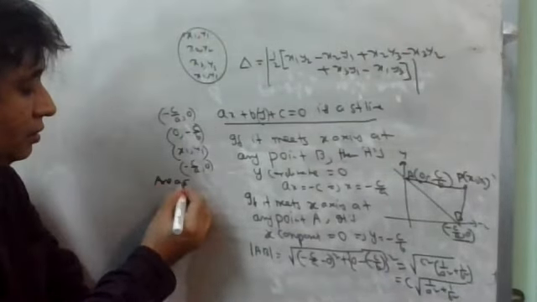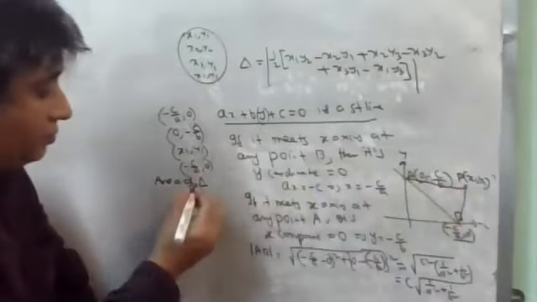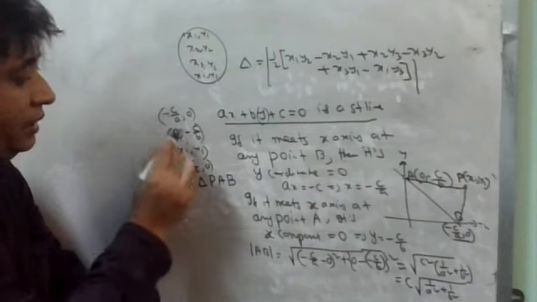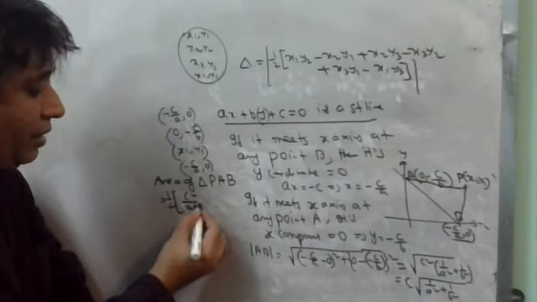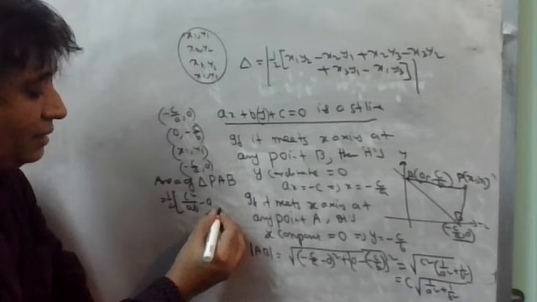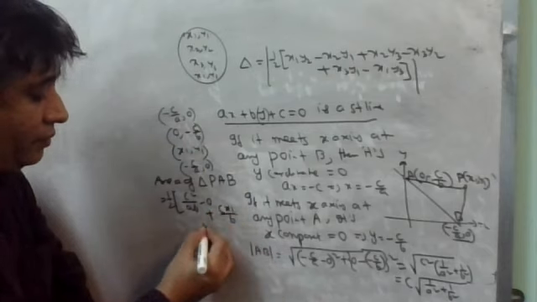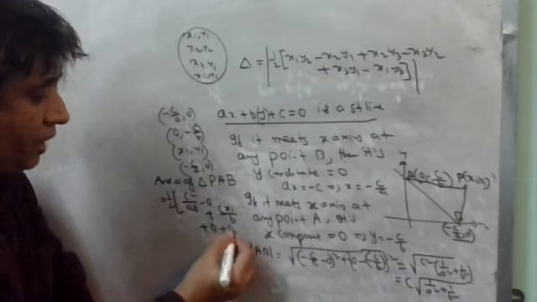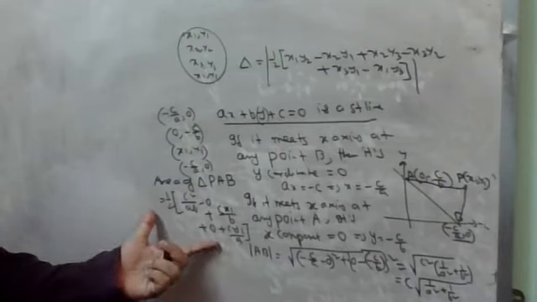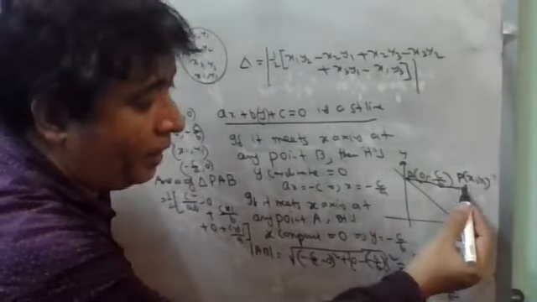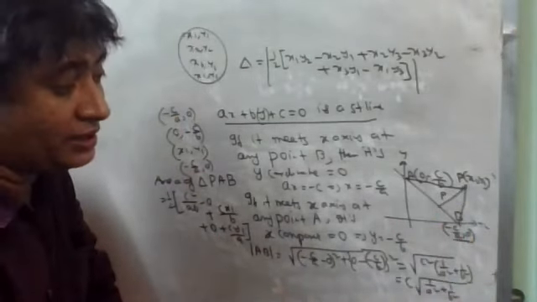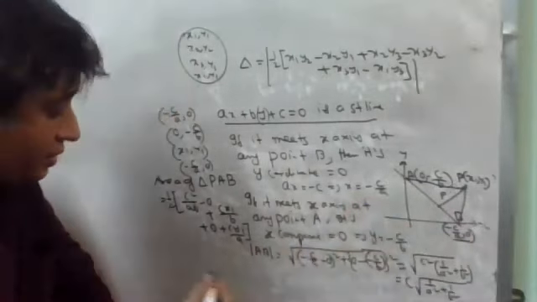Area of triangle PAB is half of c square by AB plus c x1 by b plus c y1 by a. This is the area of the triangle. And if I drop a perpendicular and denote its length by p, we can find the area of the triangle in another way.